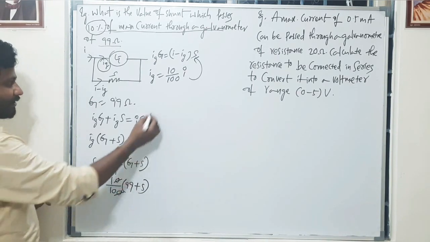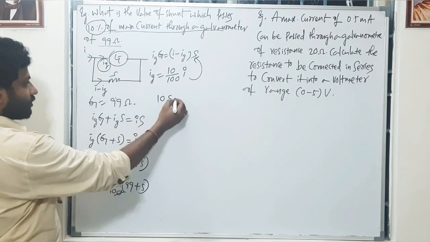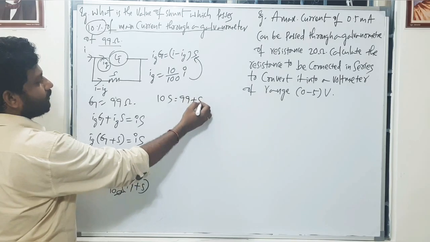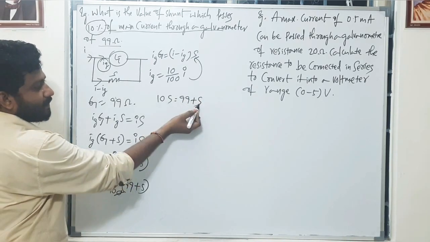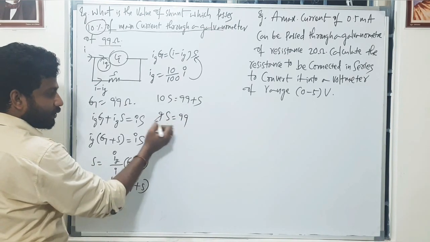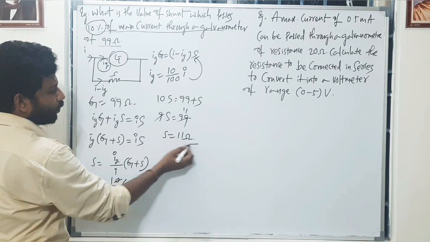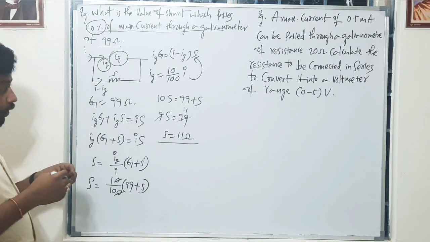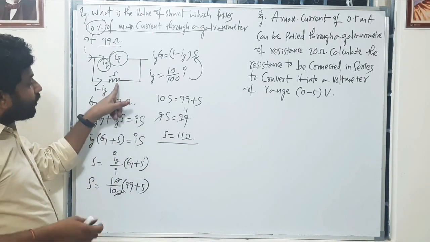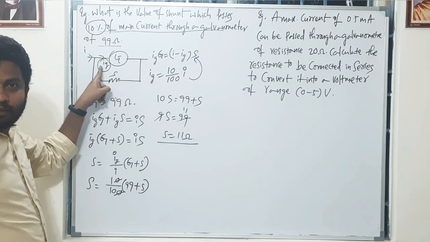And cross multiplication, if you do, it will be 10 into S, which is equal to 99 plus S. So 10S minus S, it's 9S, which is equal to 99. So 9 elevens, so S is equal to how much? 11 ohm.